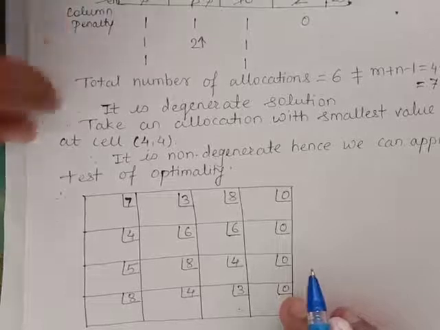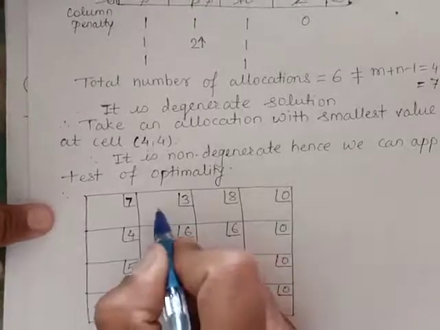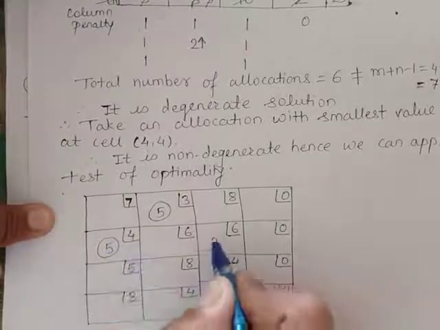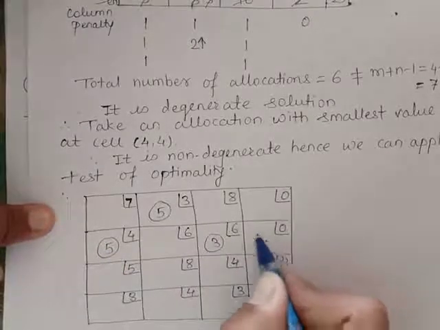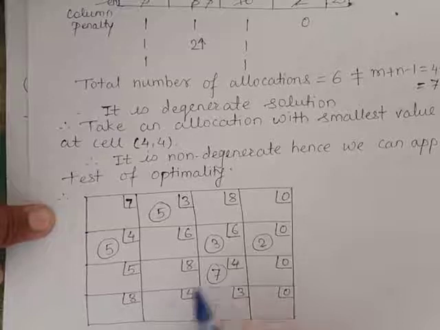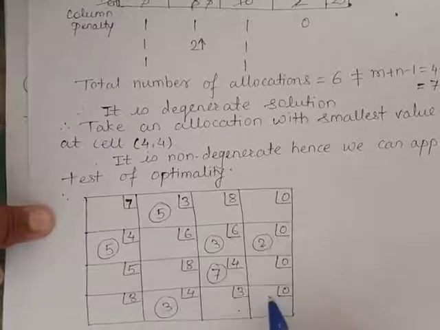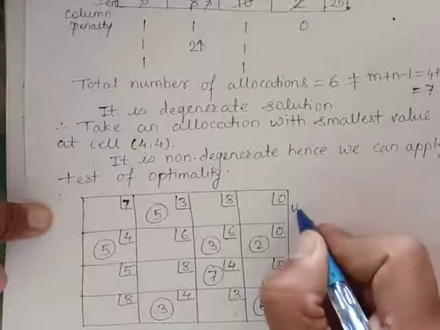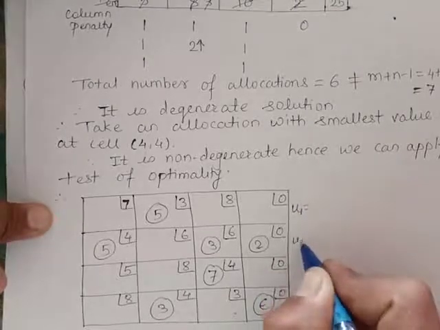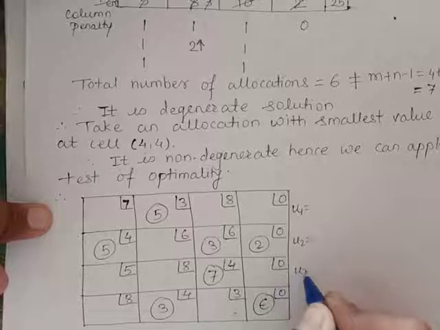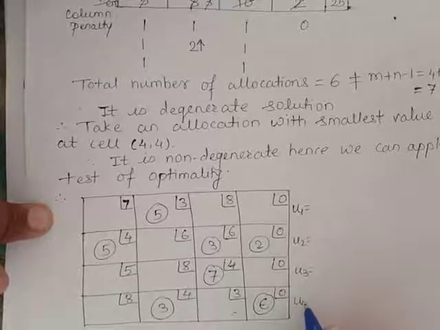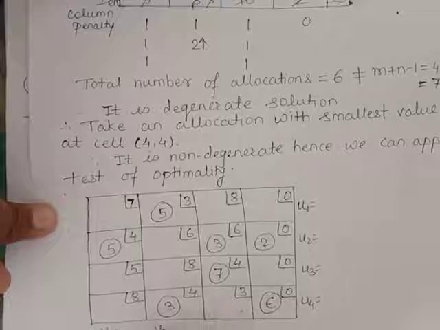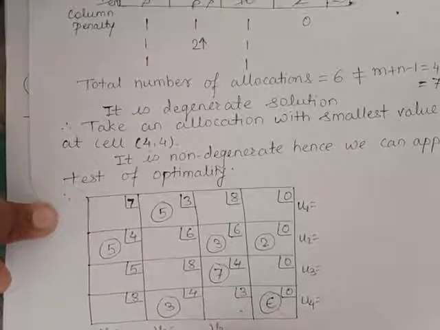Let's do the allocations wherever they are. So here it is 5, here 5, here 3, here 2, here 7, here 3, and here we had taken epsilon. So now let's find ui and vj, and delta ij. Using them, let's check the optimality.